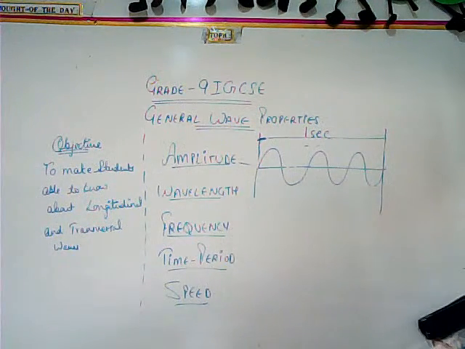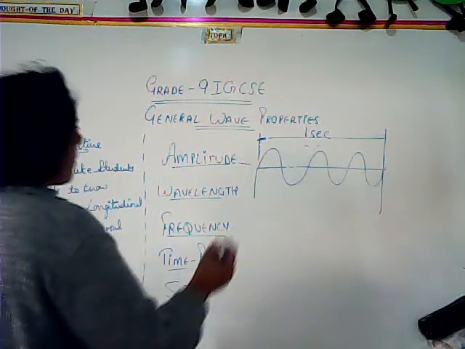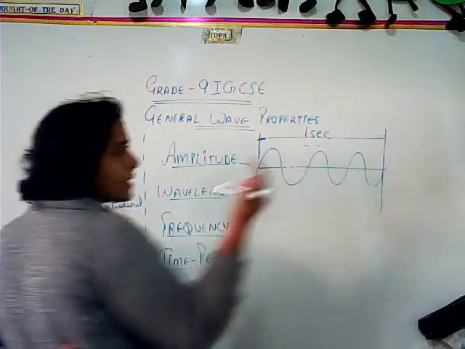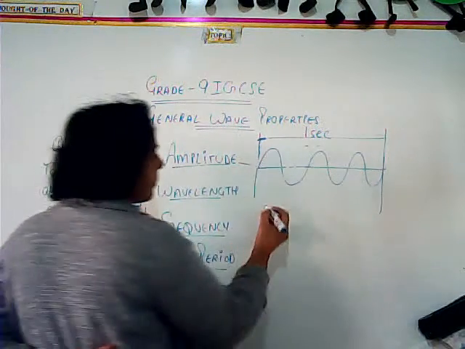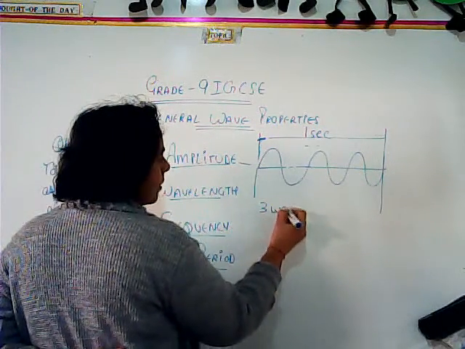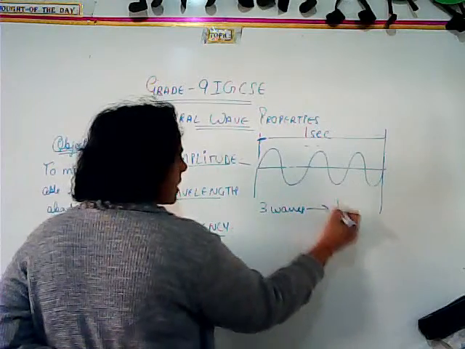So the answer is 1 by 3 or you can say 0.3, both are correct. Let's have it on the board. In how much time will 3 waves pass?